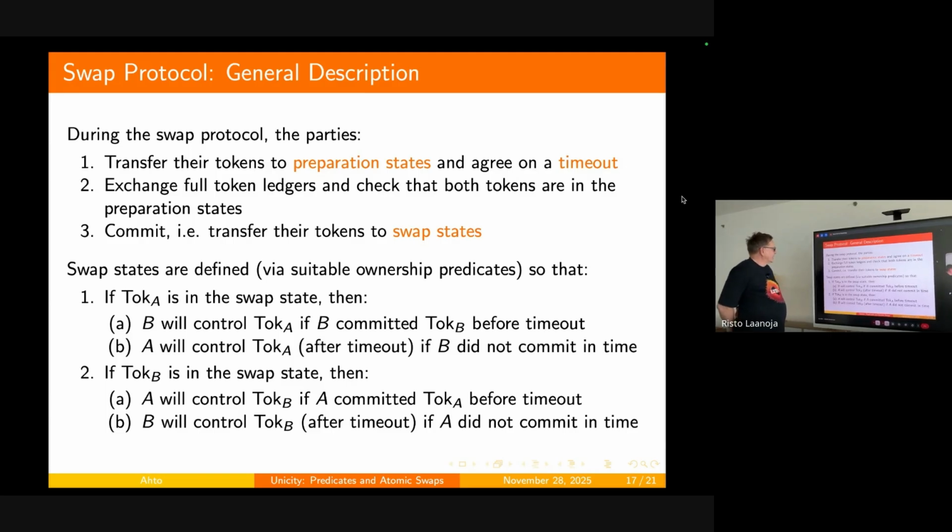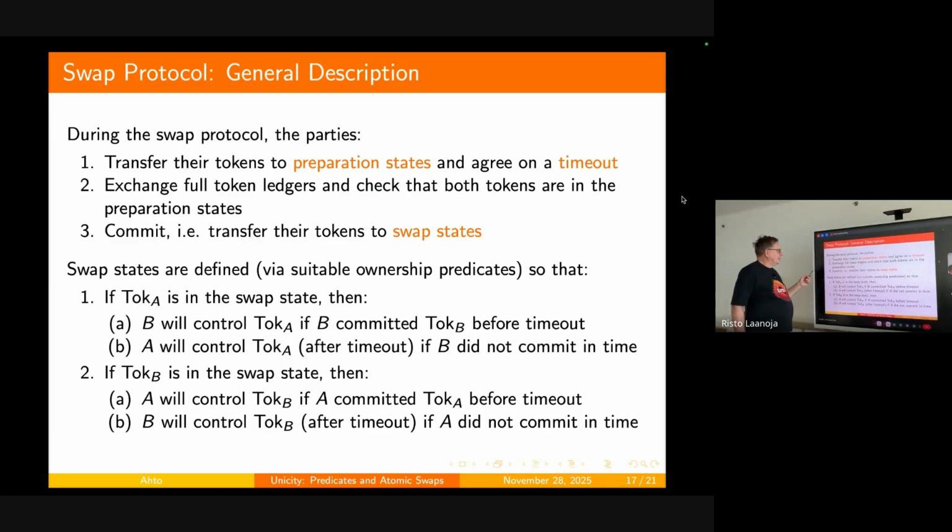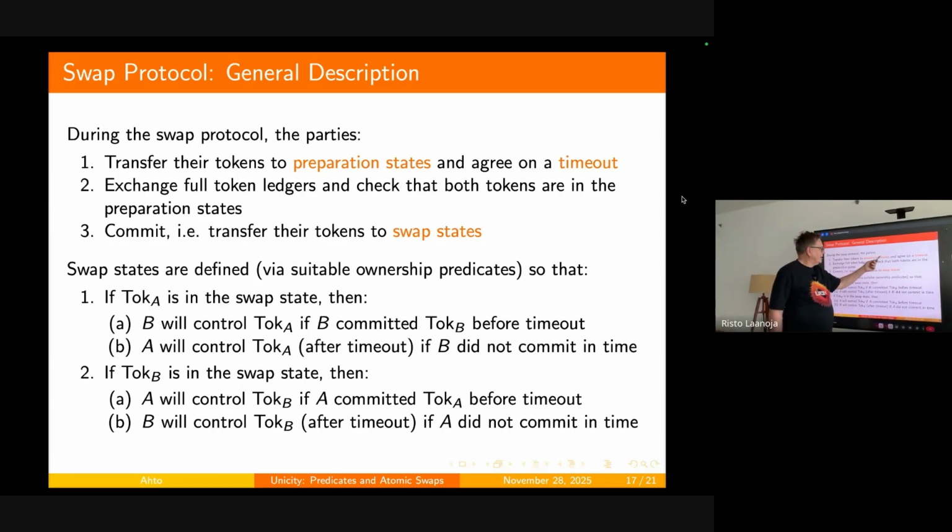Okay, so about the swap protocol. We have several steps here. First is the preparation step, where the tokens are sent to preparation states. The special states we will go through later.